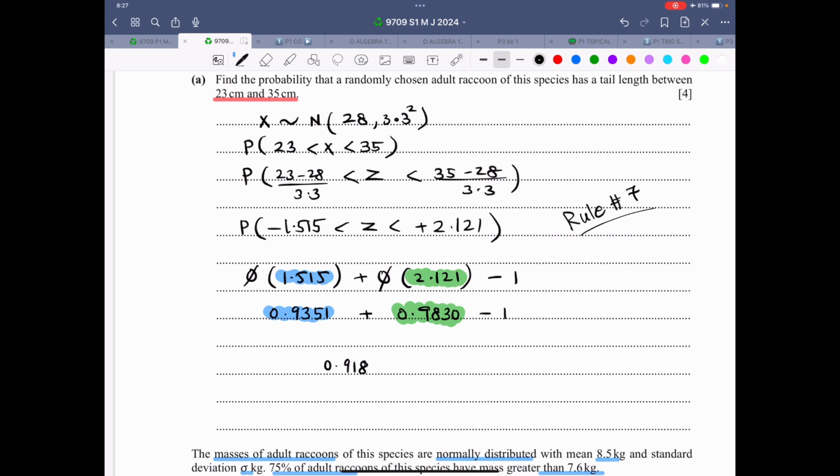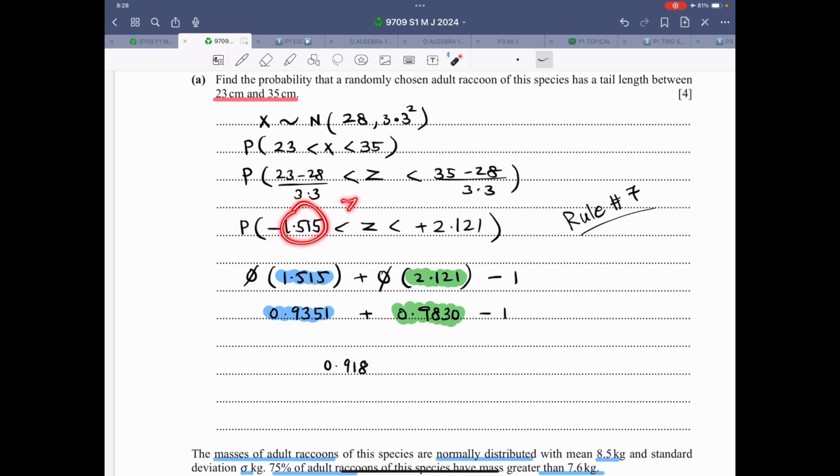That means when one z value is negative, one z value is positive. Yes, some people can draw a diagram and do all the necessary working. That's their choice. What I do is that based upon the diagram, I have formed these rules. Discard the negative value, read the table for this value, and this is the probability. Read the table for this value, this is the probability. Add the probability, subtract 1, you get this answer.